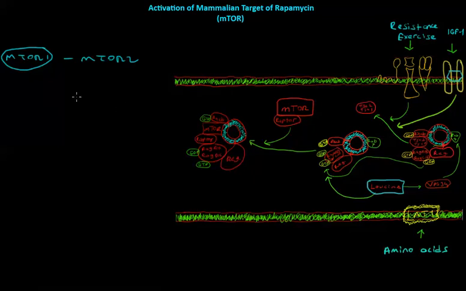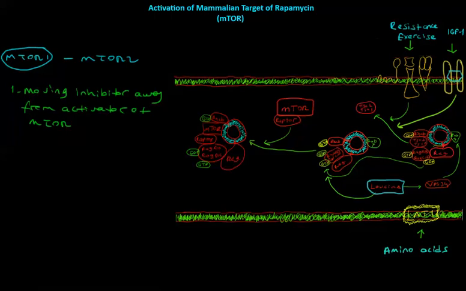Okay. So anyway, what are the specific biochemical pathways to be able to activate mTOR? First thing is moving inhibitor away from activator of mTOR.